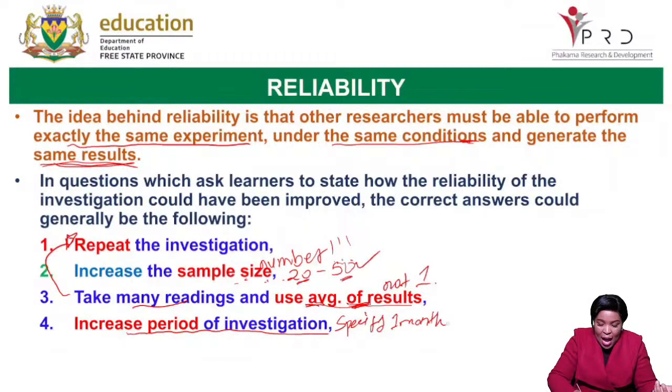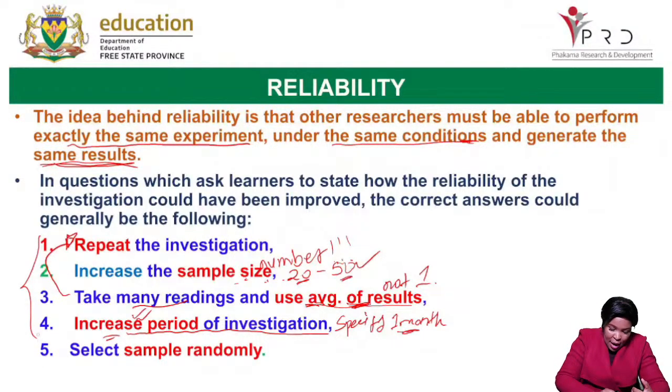So you see, you are increasing the period. By being specific to what is in front of you, please make sure that you check what the investigation is saying, and what you are saying must be more in terms of the numbers that you see in your investigation. I hope you'll be able to answer questions on reliability now.